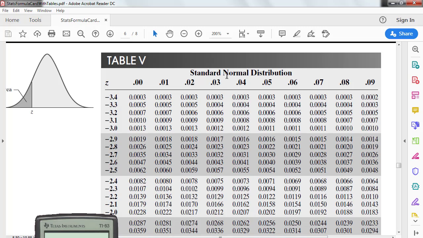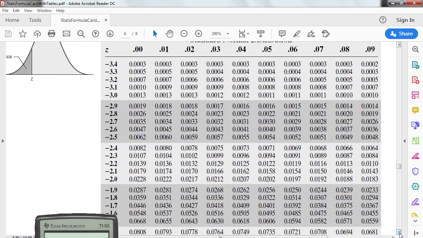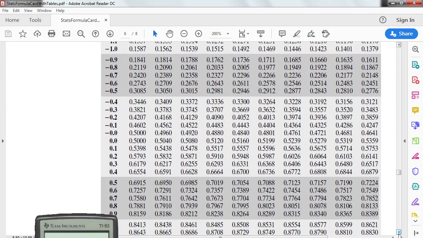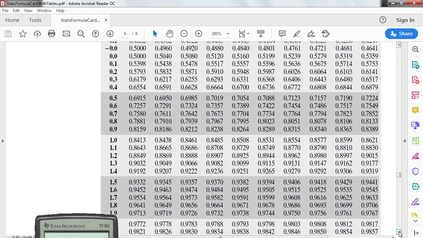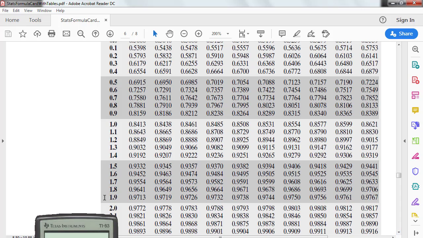So I need to find the z-score for 1.97. So I'm going to go down here to 1.9. Keep going. Here's 1.9 over here. And 1.97 would be 0, 1, 2, 3, 4, 5, 6, 7. So it's 97.56.